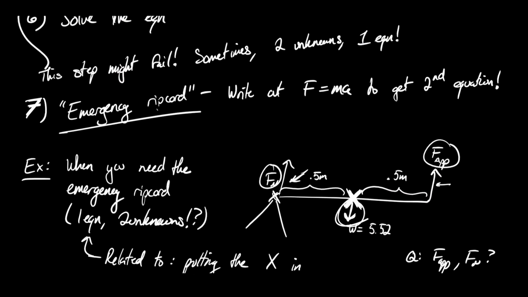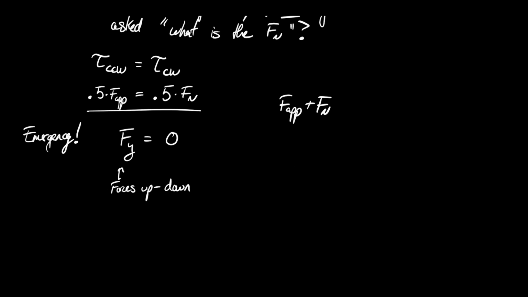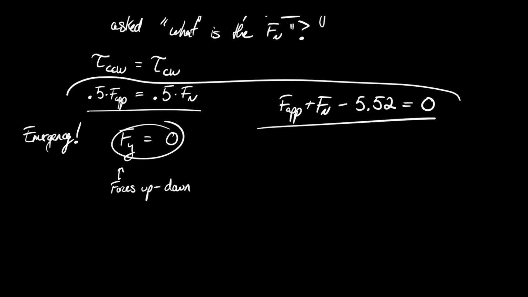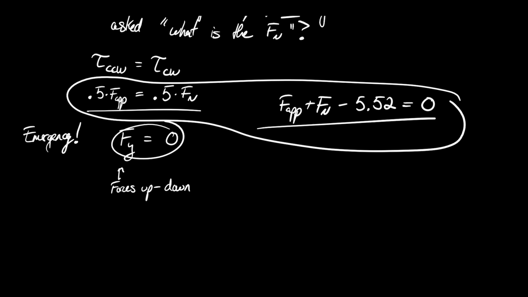And we have this weight arrow, 5.52, pointing downwards, and that all added up, according to this equation, should be 0. Aha, and now look. We have two equations and two unknowns, FAP and FN, as our two unknowns, so we are guaranteed to be able to find both F applied and Fn.